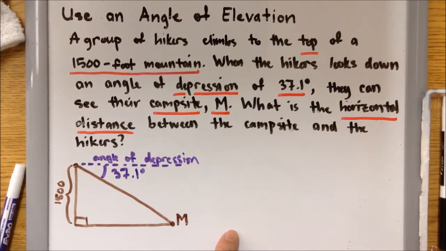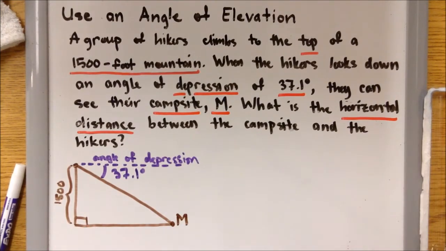They're asking for the horizontal distance, so basically the horizontal ground. So this is going to be our x, our unknown.